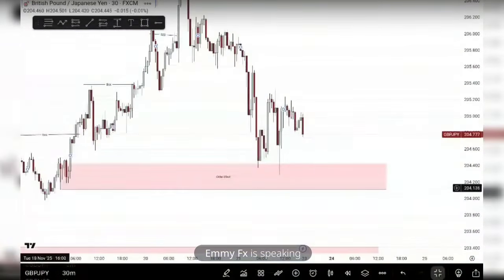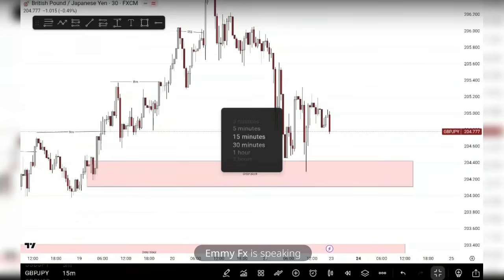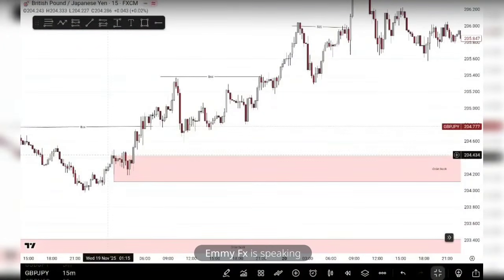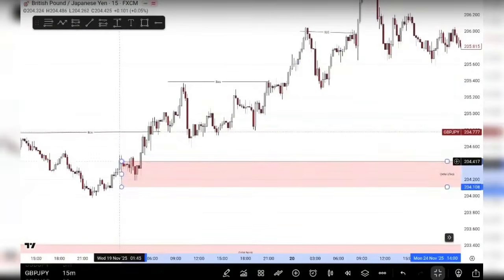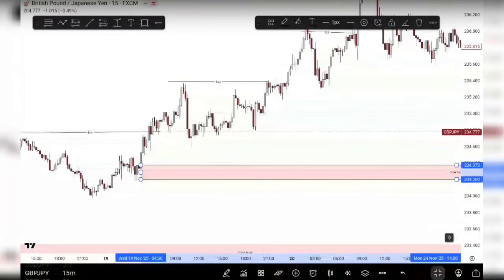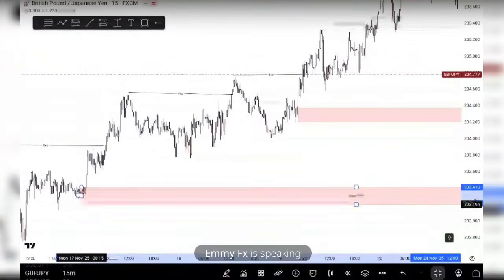Price is reacting from this point, right? In my 15 minutes time frame, this is the order block. We also have this order block.